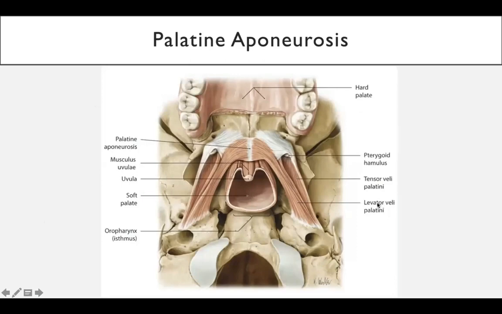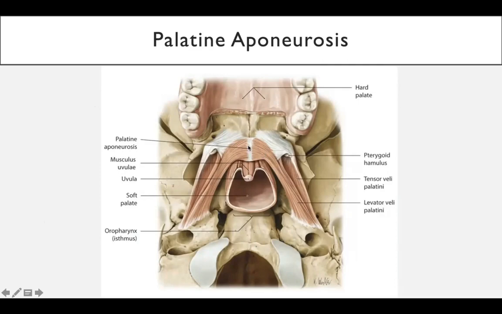Okay, here we again have the palatine aponeurosis. And you see a lot of muscles are attached here. Levator veli palatini, and then there is tensor veli palatini. No problem, don't worry about the names, we will remember them. So the hard palate posteriorly has a tendon in the middle, the palatine aponeurosis.